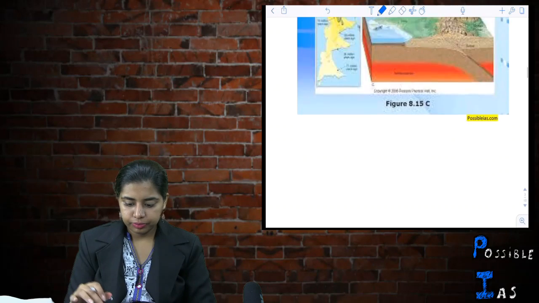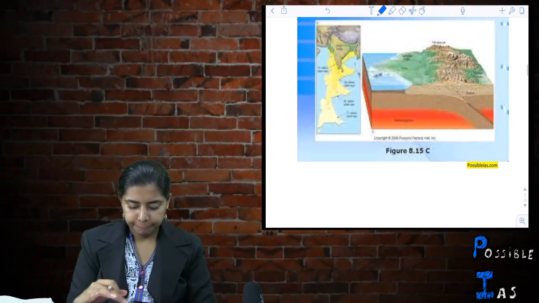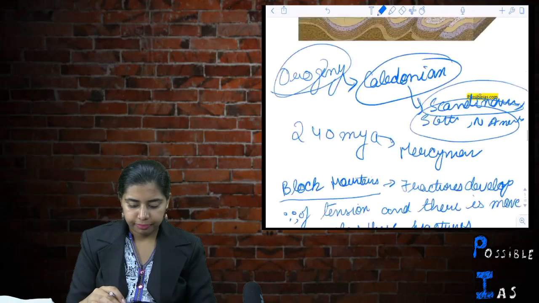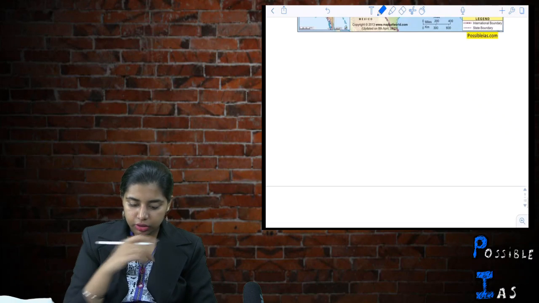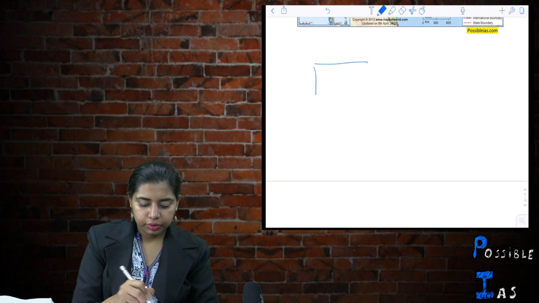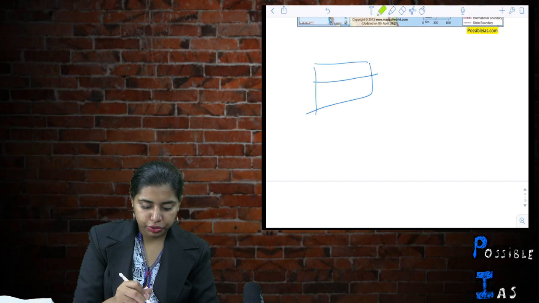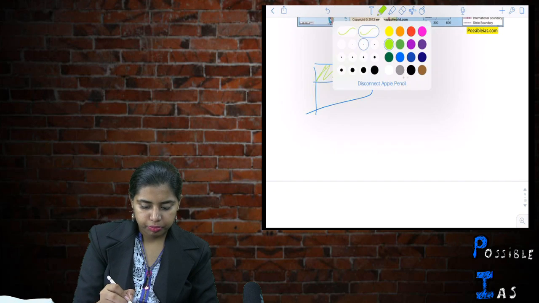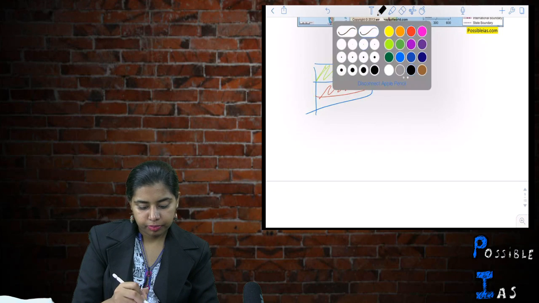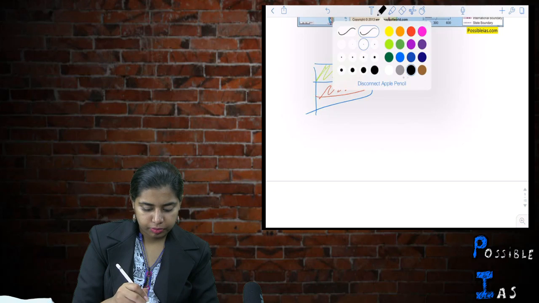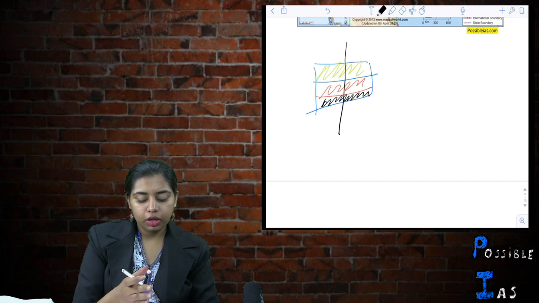So here, this is one block. In faulting, I'm showing you along this a fracture line.